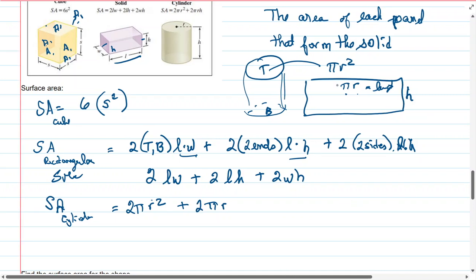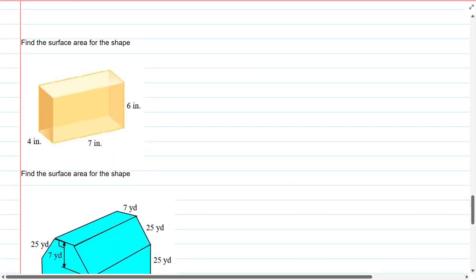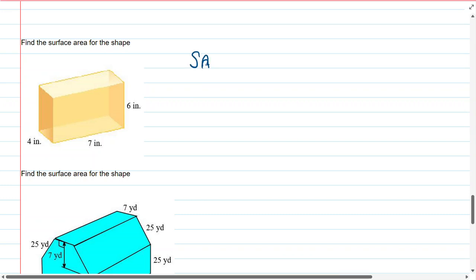So the base is going to be 2 times 7 times 4, because that is the length times the width, plus 2 times 4 times 6, which is the width times the height, plus 2 times, and now we have the side panels, which is the length times the height, and there you have it.